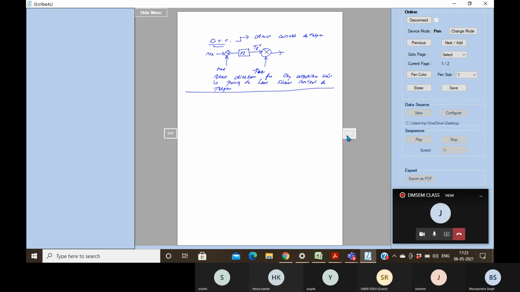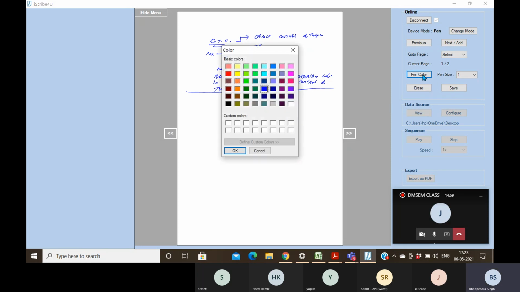Now, what should be the advantages and disadvantages of this technique?